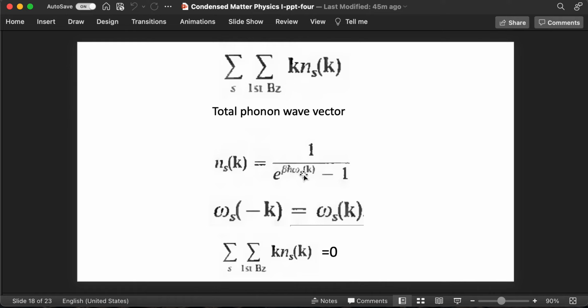Now, we had seen this in the case of Bloch electrons. This is basically an even function because omega s of minus k is basically omega s of k. The frequency is the same for both wave vectors, but you have this k and I'm summing it over the first Brillouin zone. Obviously that sum will be 0 because I have positive k and negative k. That is, it's an odd function, or summed over the first Brillouin zone it will be 0. So when there is no external perturbation, if I calculate the total phonon wave vector, it will be 0.